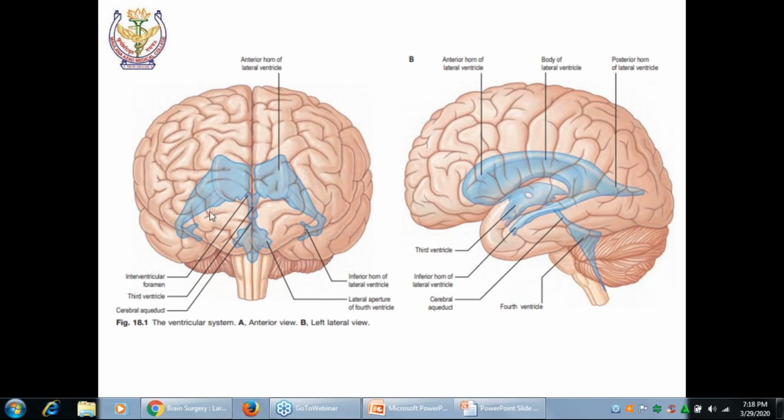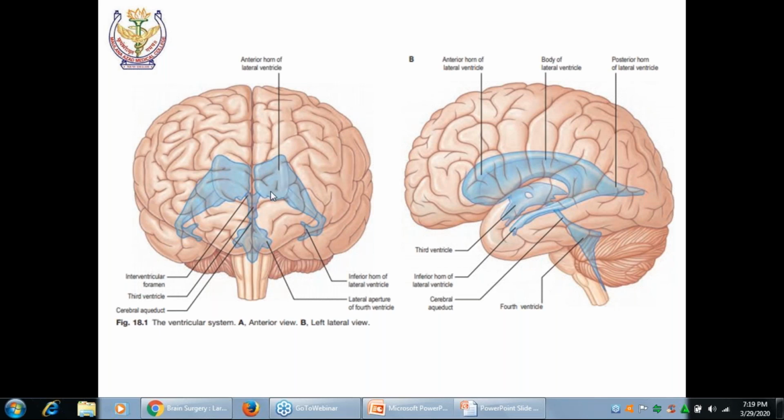So in this picture, which is a view of these 2 cerebral hemispheres from the front, what you see are the 2 anterior horns of the lateral ventricle, and this being the projecting part, which is the posterior horn, which of course will be projecting backwards, which you can't appreciate in this diagram.